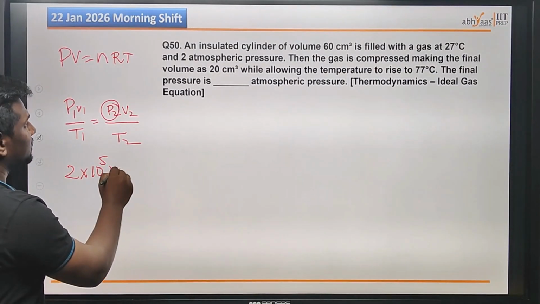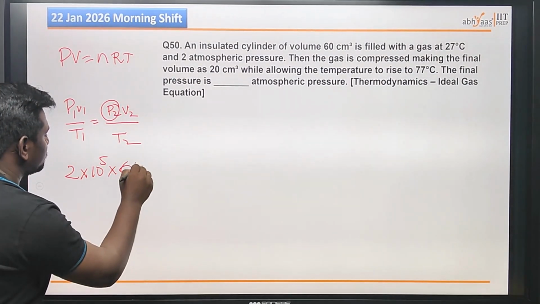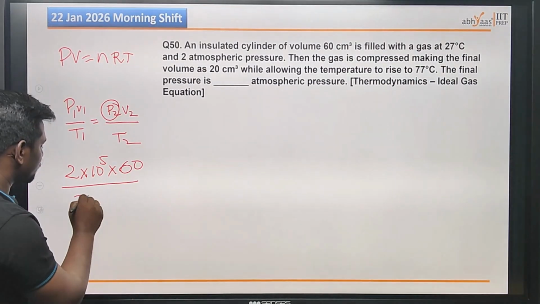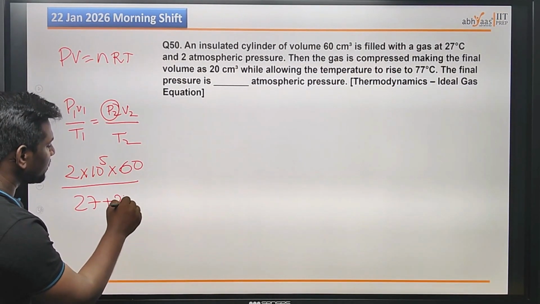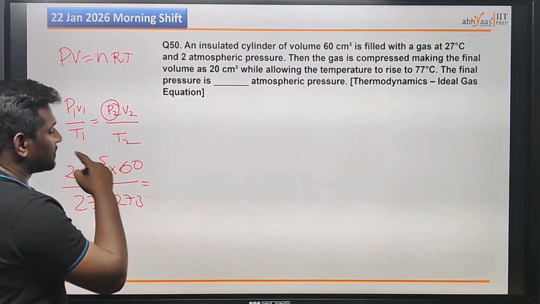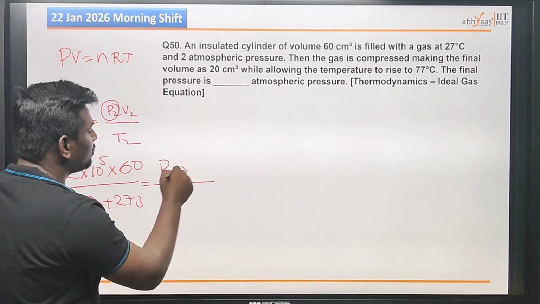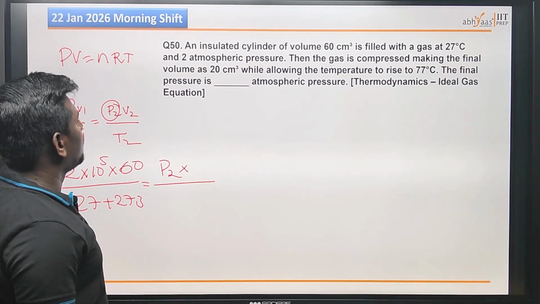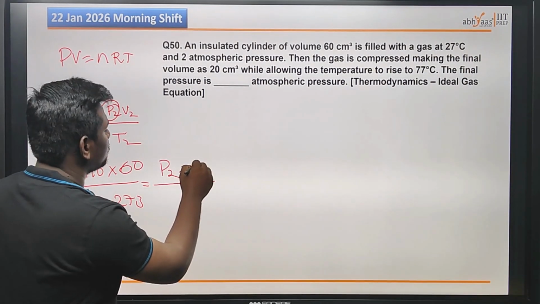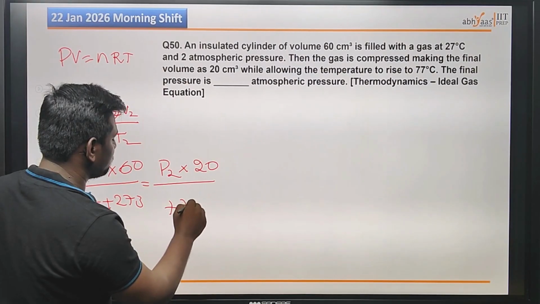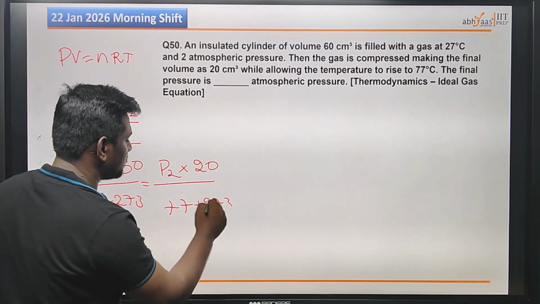What is V? V is nothing but 60, by what is the temperature? 27 degrees, you have to convert into kelvins, so 27 plus 273. You have to find P2, and the volume they have given is 20, by 77 plus 273.